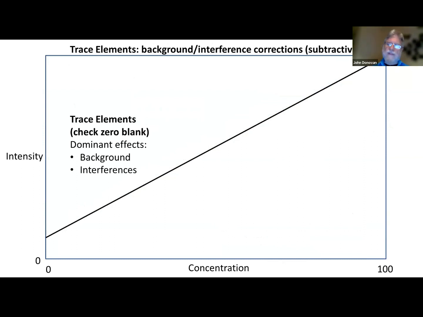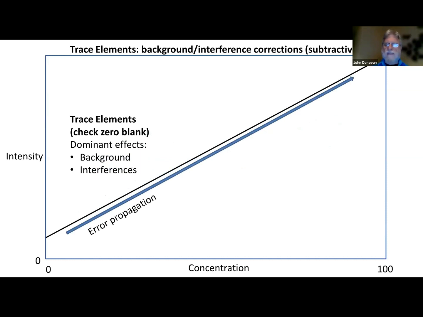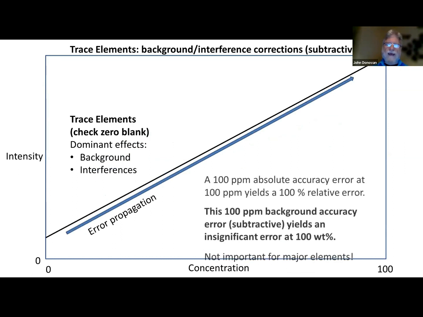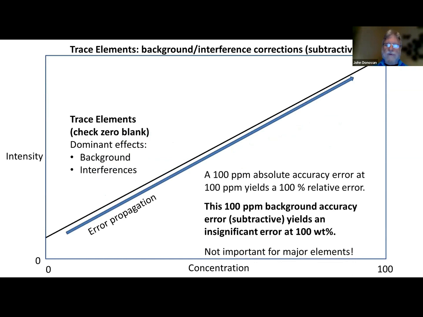For trace elements, it's very different. The dominant effects are background interferences, and that effect is a subtractive effect, so it stays constant over the entire range of concentration. That means that if you have a 100 ppm absolute accuracy error at 100 ppm, that's 100% error. That's a terrible analysis. But that same 100 ppm error at 100% is insignificant.